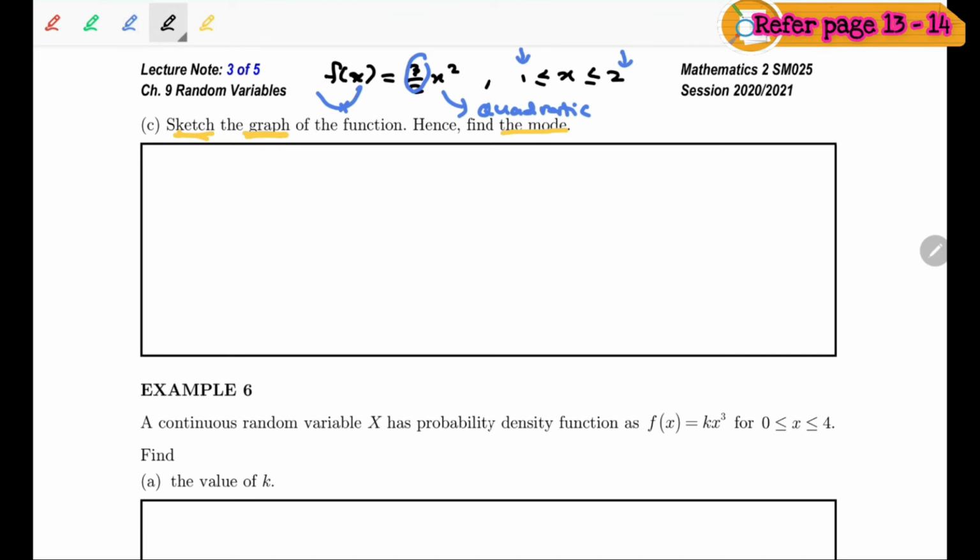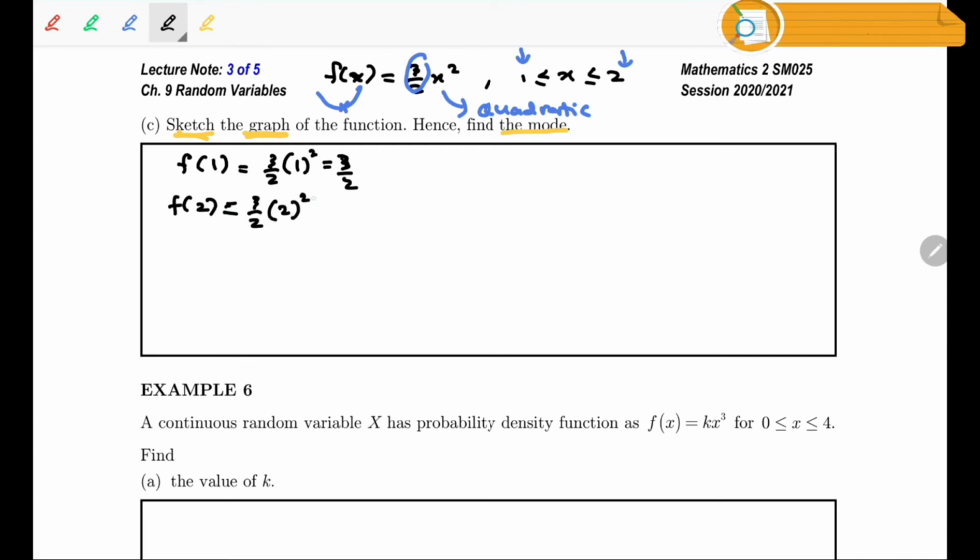We are going to find these two values. We substitute the first limit, which is the lowest limit, 1, so we substitute f(1) into the function. We have 3 over 7 times 1 squared, which equals 3 over 7. Then we substitute the uppermost limit, which is 2, so 3 over 7 times 2 squared, which gives you 12 over 7.